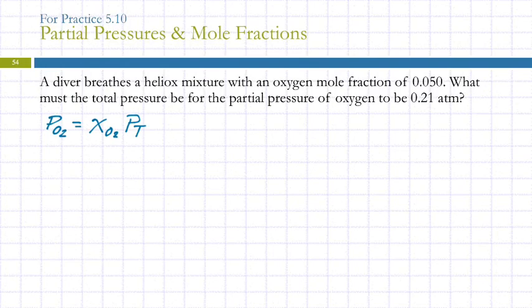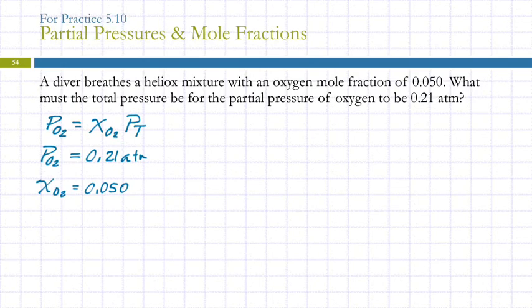So the partial pressure of oxygen, what do we want it to be? 0.21. So PO2, we want that to be 0.21 atmospheres. And the other information they gave us was that the mole fraction was 0.050, no units on that.